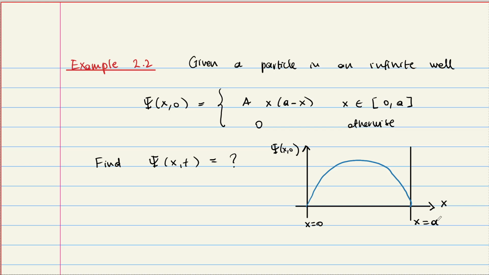And the second step, I will spend quite a bit of time on, but in short: any function can be written in terms of these exact separable solutions, sines and cosines, which was actually sine only.